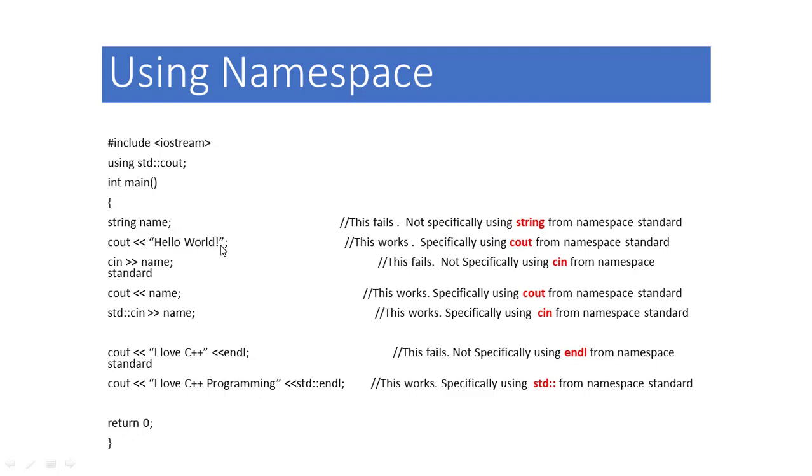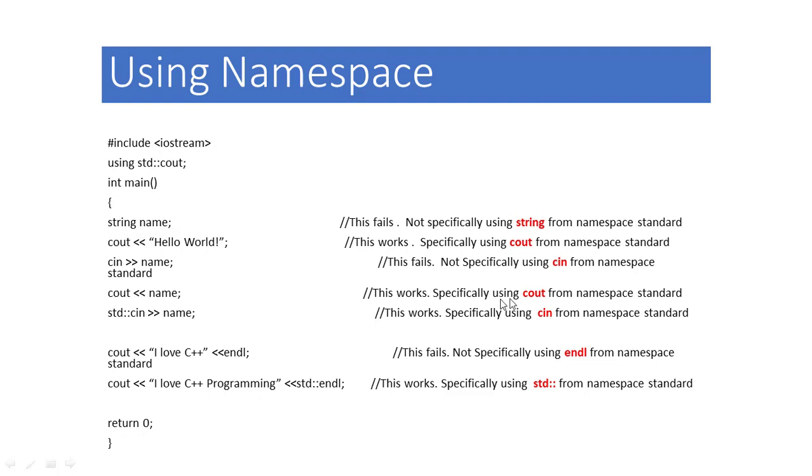Cout hello world, this works. It is specifically using cout from namespace standard because here we declare that we are using std::cout. So this will work. Cin name, this fails, not specifically using the cin from the namespace standard. Cout name, this works.